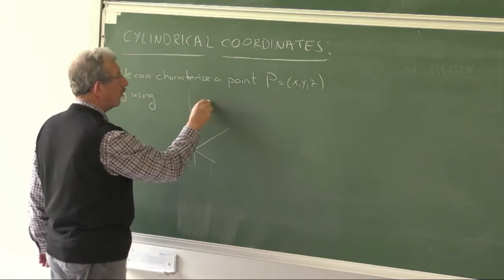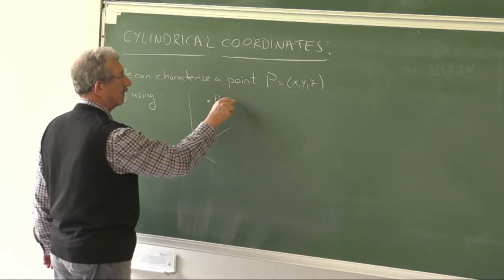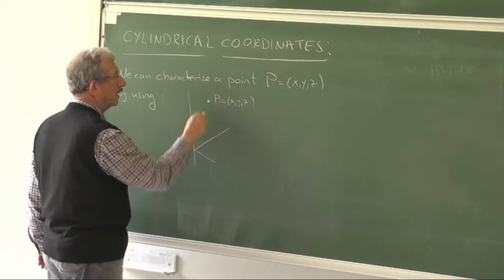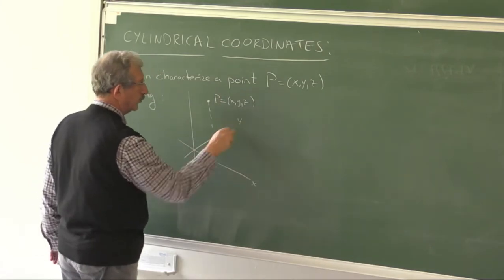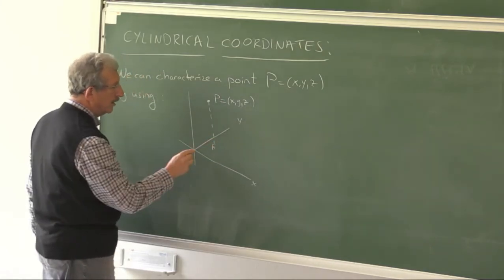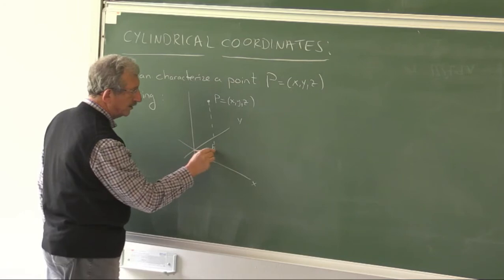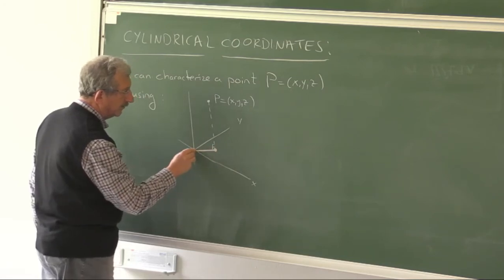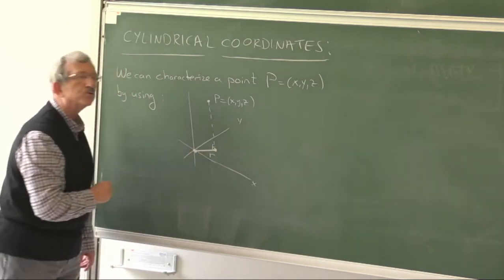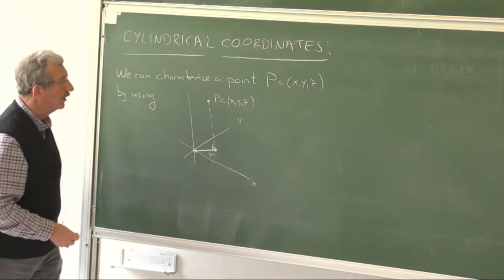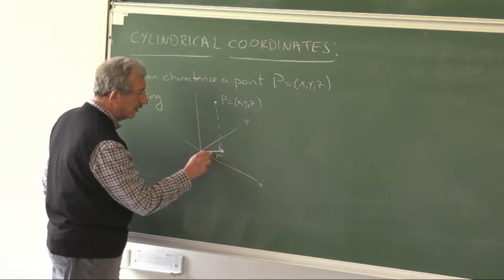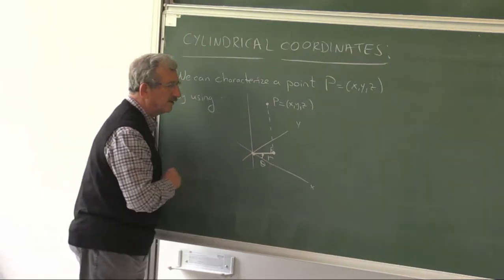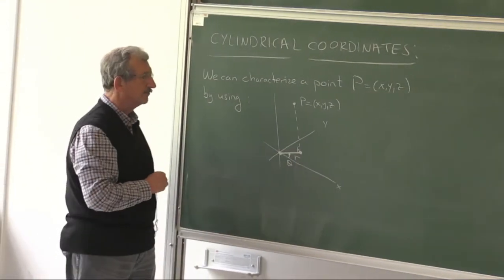Okay, we have a point P. We drop a perpendicular to x, y, and consider this length, which of course is the usual r that we know. And of course, we can measure the angle theta starting from the positive x-axis.